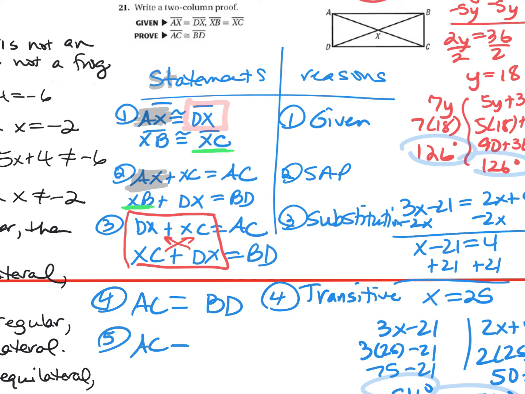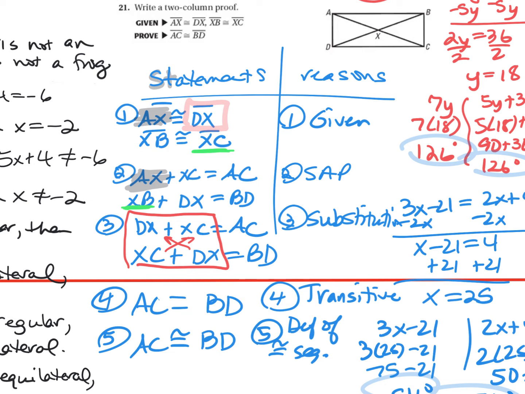But if you kept it as an equal sign and then changed it to congruent, then this would have been the definition of congruent segments. I would have been okay with you just putting the congruence symbol on statement 4 and leaving off 5 if you wish.